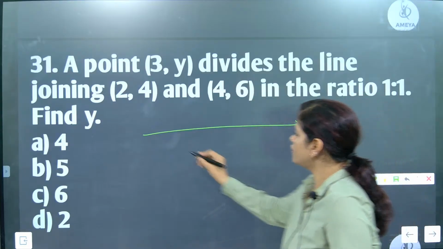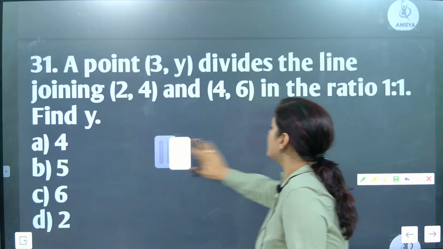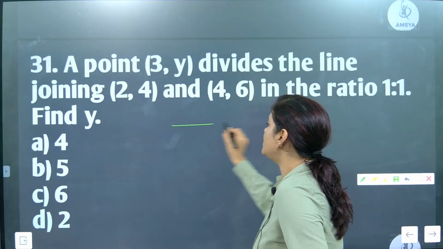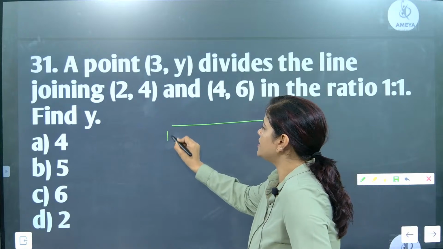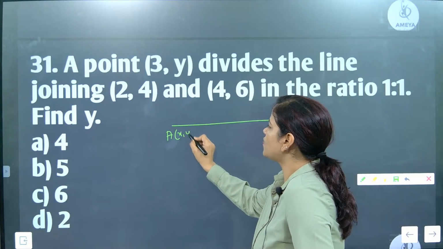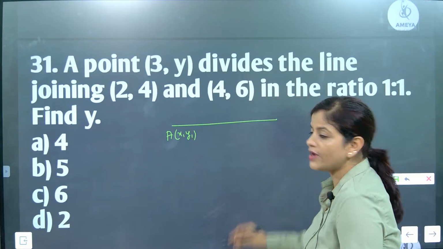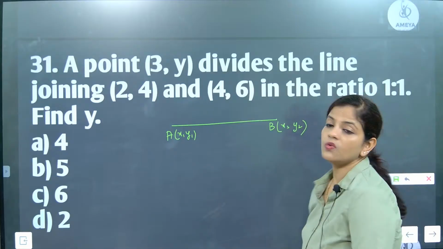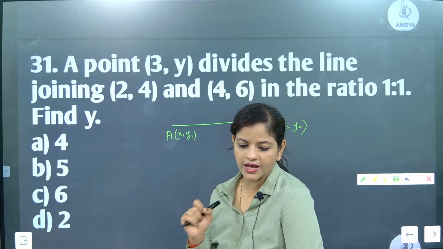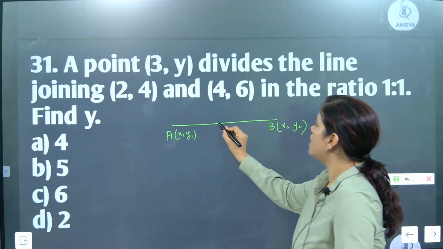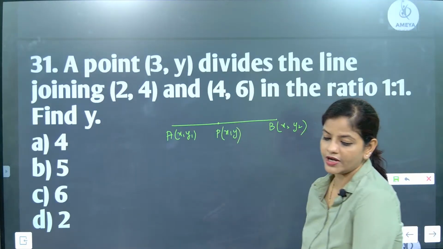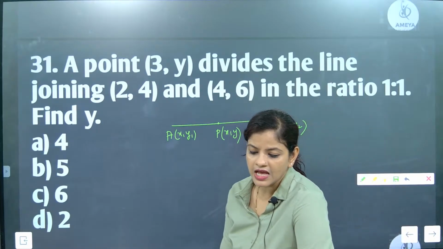The first point we discussed is the section formula. A line segment has two endpoints, x1, y1 and x2, y2. Any point we take on the line as P, we consider its coordinates as x and y.